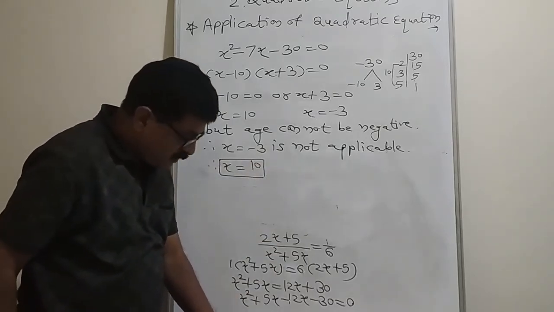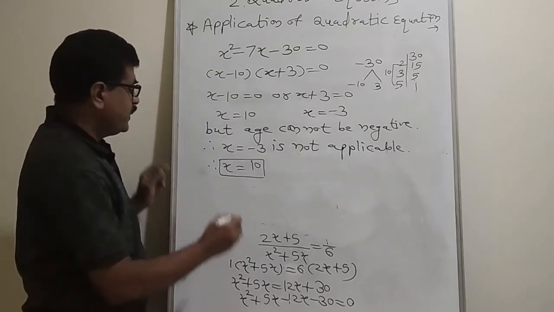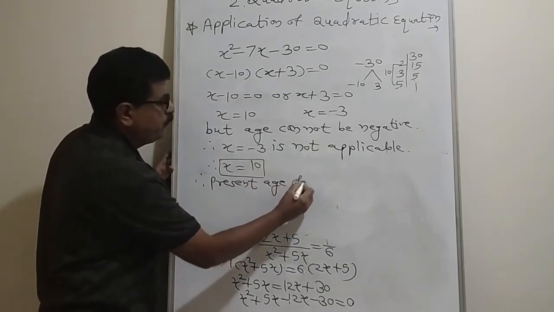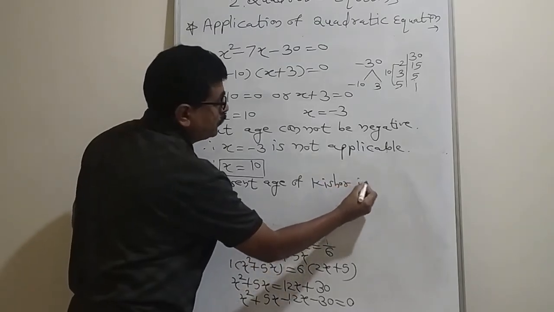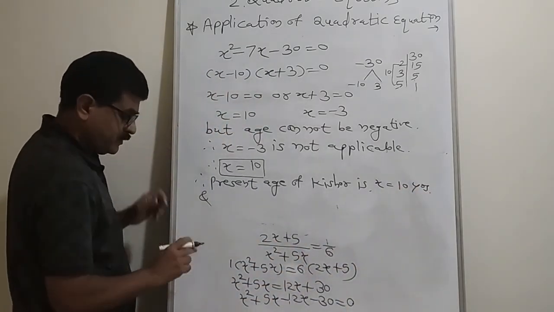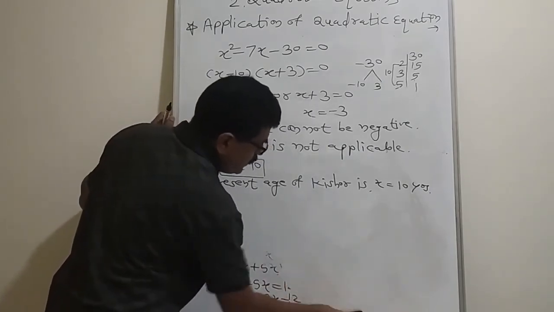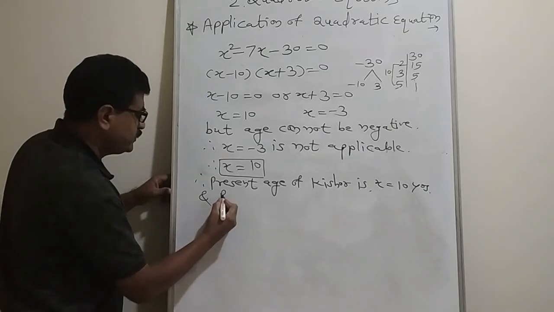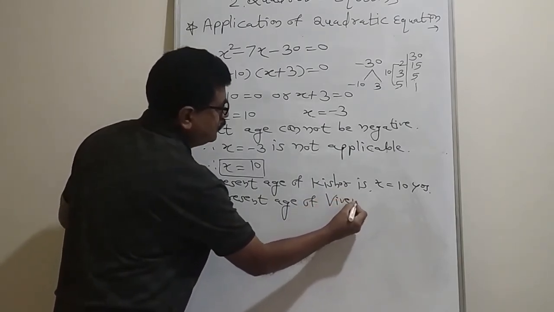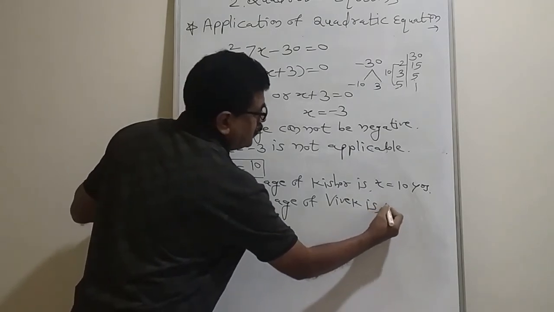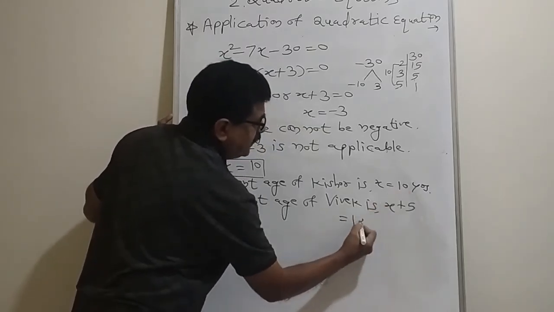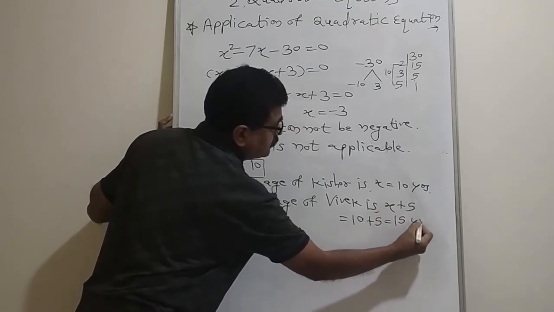And we have to find their present ages. Therefore, the present age of Kishore is x is equal to 10 years, and the present age of Vivek is x plus 5, that is x is 10 plus 5 is equal to 15 years.